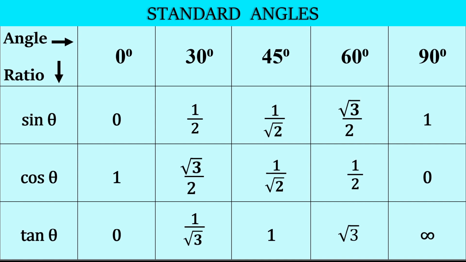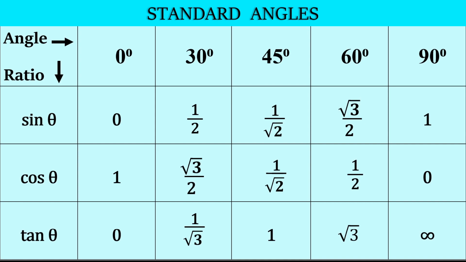So once again, let's go through all the standard angles so that when in the question we are asked sine 30 or sine 45 or cos 60, we are able to substitute these values. So here we have sine 0 degree is 0, sine 30 degree is half, sine 45 degree is 1 by root 2, sine 60 degree is root 3 by 2 and sine 90 is 1.